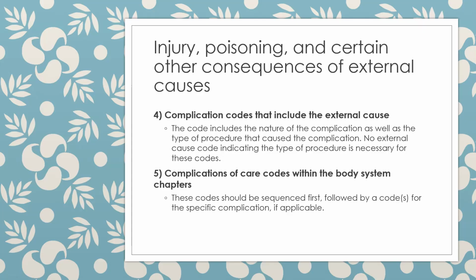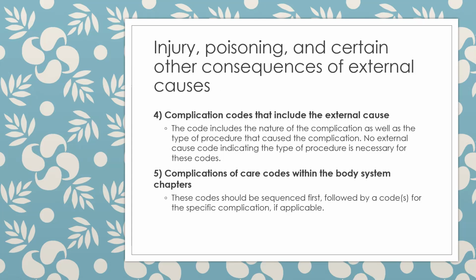And lastly, for today's presentation, number 5, complications of care codes within the body system chapters. Intraoperative and post-procedural complication codes are found within the body system chapters with codes specific to the organs and structures of that body system. These codes should be sequenced first, followed by a code or codes for the specific complication if applicable.